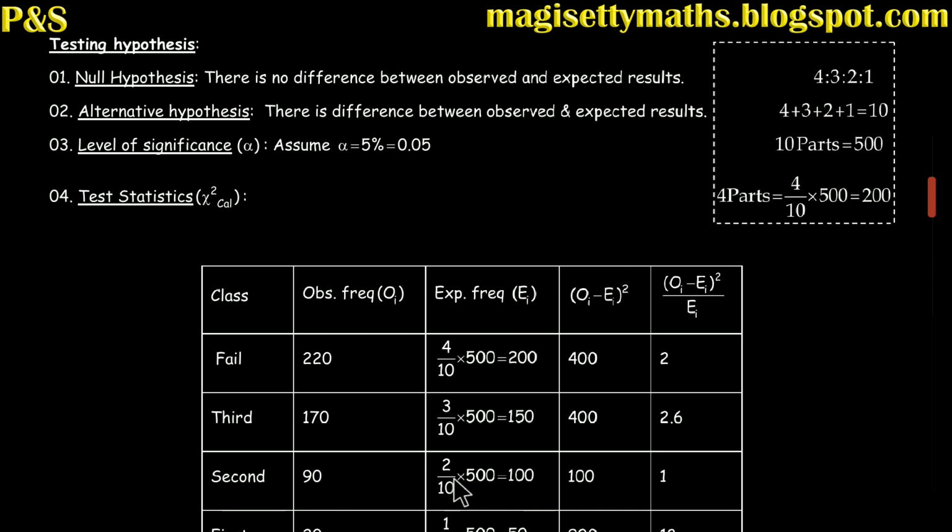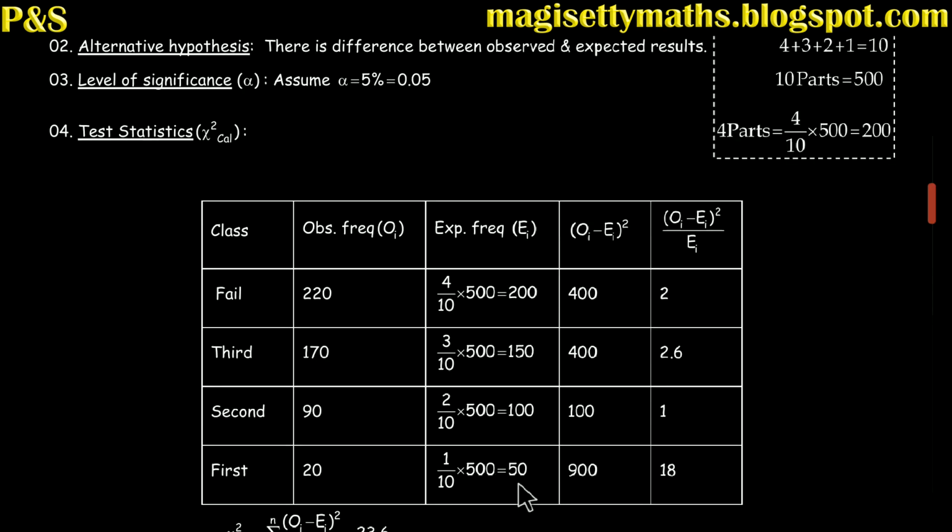Similarly, the number of students who secured second class equals 2 divided by 10 into 500, which equals 100, and the students who got first class is 1 divided by 10 into 500, which equals 50. These are the observed frequencies Oi, and these are the expected frequencies Ei.